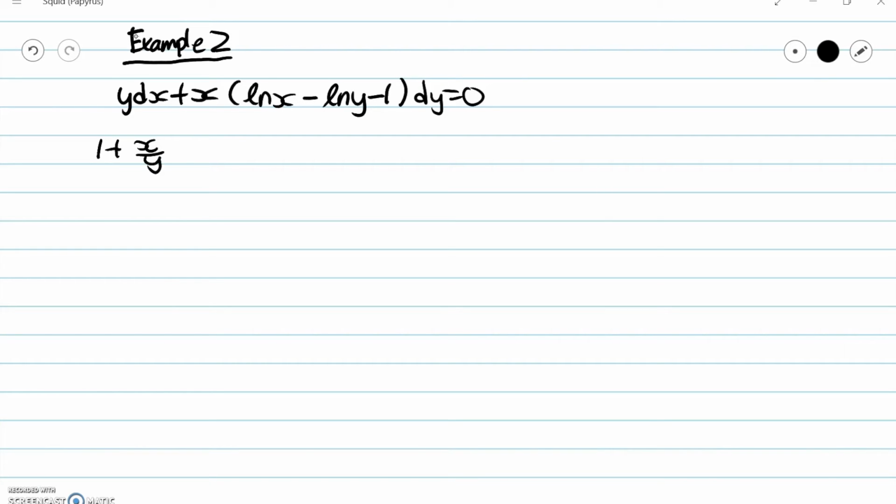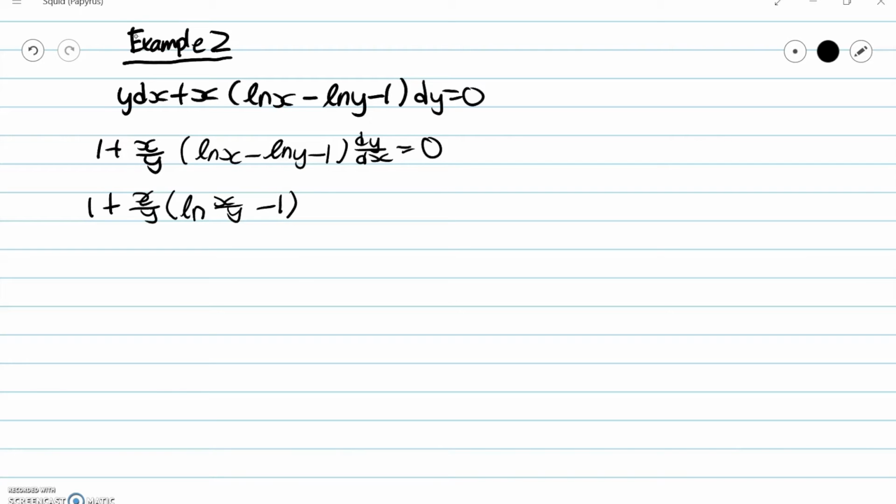So for the second example, we have y dx plus x (ln x minus ln y minus 1) dy equals 0. First, I need to make dx over dy. So we start with dividing by y dx. So we'll get it in this form. Following a log law, we'll get 1 plus (x over y)(ln(x over y) minus 1) dy/dx equals 0.